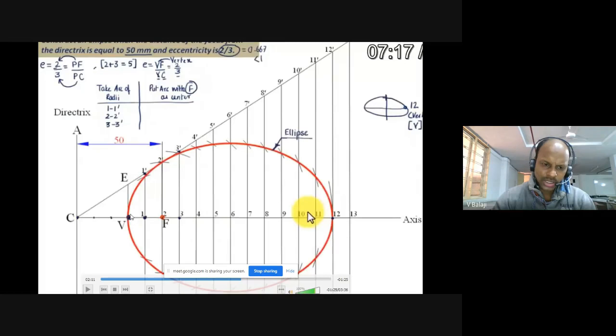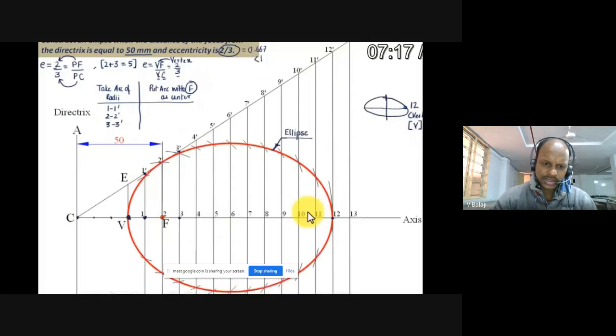This is the starting point of your curve. You need to join all these arcs, where each arc intersects its vertical line at a particular point. Passing through all those points, you need to join with a smooth curve with free hand only. Don't use any French curves or anything like that. Use your free hand in a single stroke.